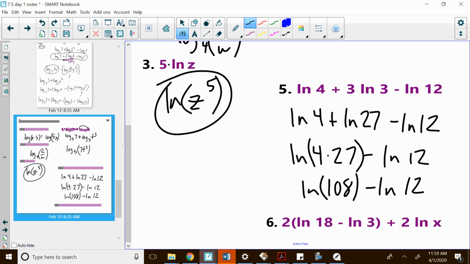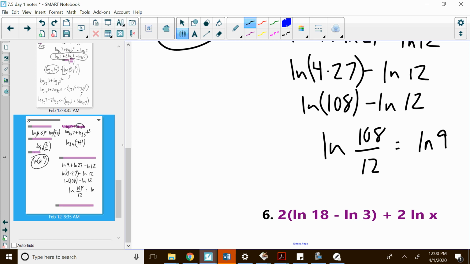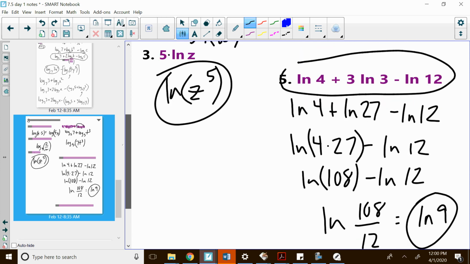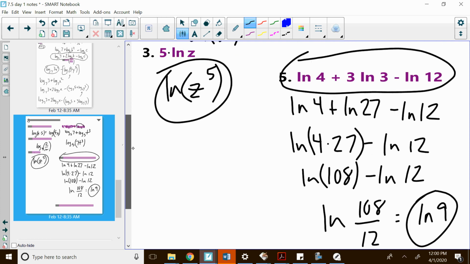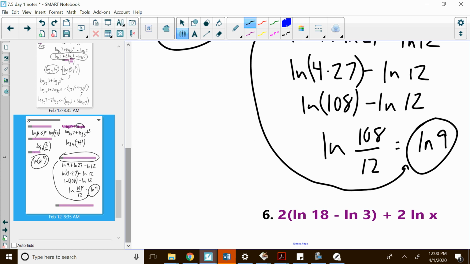And last step, this subtraction means we could condense into the quotient of the natural log of 108 divided by 12, which is actually just equal to the natural log of 9. Pretty crazy how something that was somewhat complex to start with just became the natural log of 9 when we used our condensing rules.